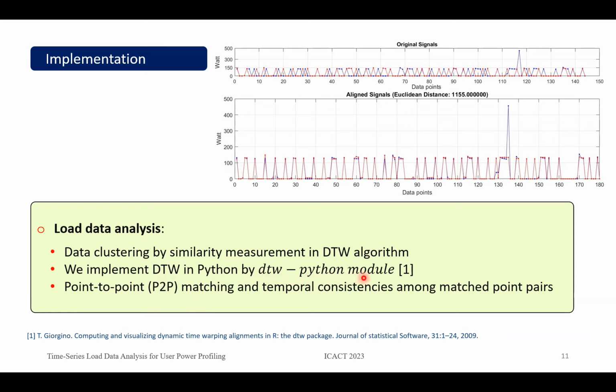We use this module to implement our code and measure different time series and calculate their DTW similarity. This measurement is done by point-to-point matching between the data points of different measurements or load data available in that data set.